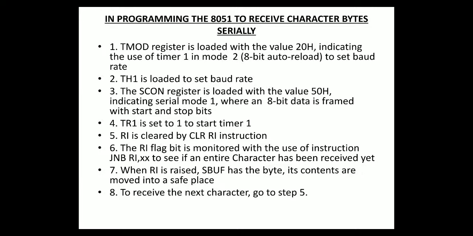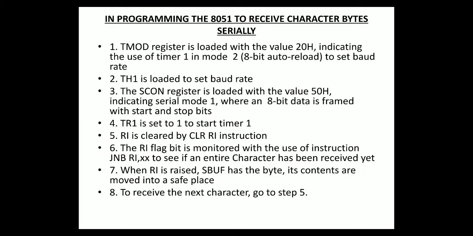Step number 3 is the SCON register is loaded with the value 50H, indicating we are operating in serial mode 1, where in mode 1 we have 8 bits of data and start and stop bits are used. So 2 additional bits along with 8 bit data are used. Step number 4, TR1 is set to 1 to start the timer. Here a timer is used for the generation of the baud rate.